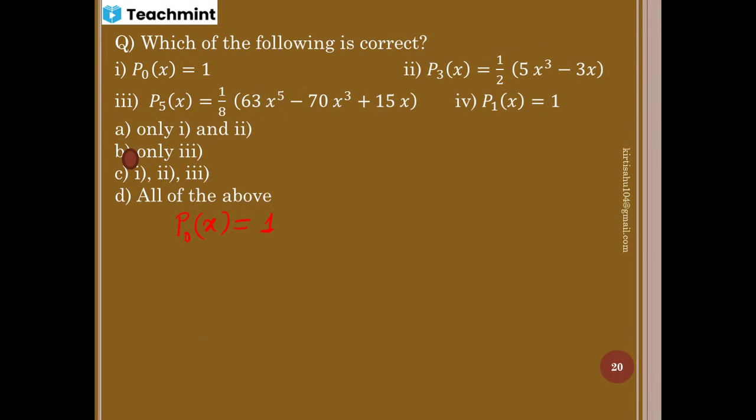Then what we have next? We have next P1 of x. What is P1 of x? P1 of x is x, right? P1 of x is x. Then next one is P2 of x, right?